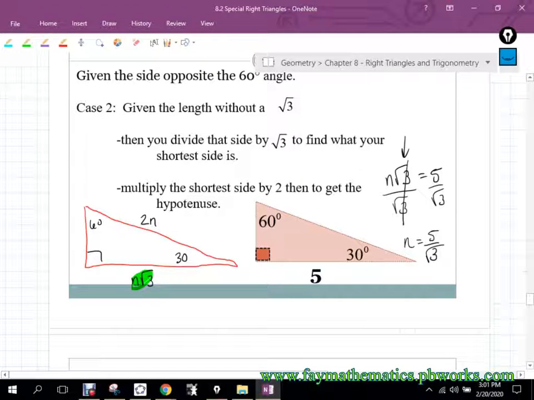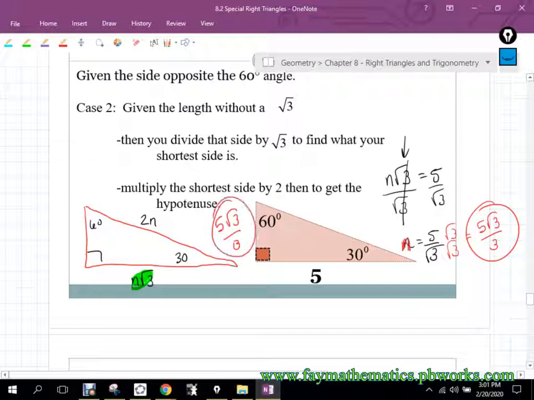Now, playing our rules with radicals, we need to rationalize that. And I get that. That kind of makes sense? And that's my n value. That's across from 30. So that is the number that when you multiply it by radical 3, you get 5.